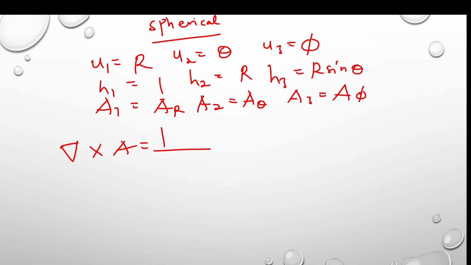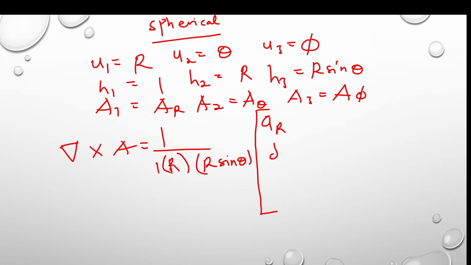H1, H2, H3. Now H1 is 1, H2 is R. Now what's H3? Our H3 is R sine theta. On top we have AU1. Now U1 is R. So now this one is multiplying H1. H1 is still 1. Okay. U1 is also R. So the R. Down here we have H1, A1. H1 is still 1. A1 is AR.